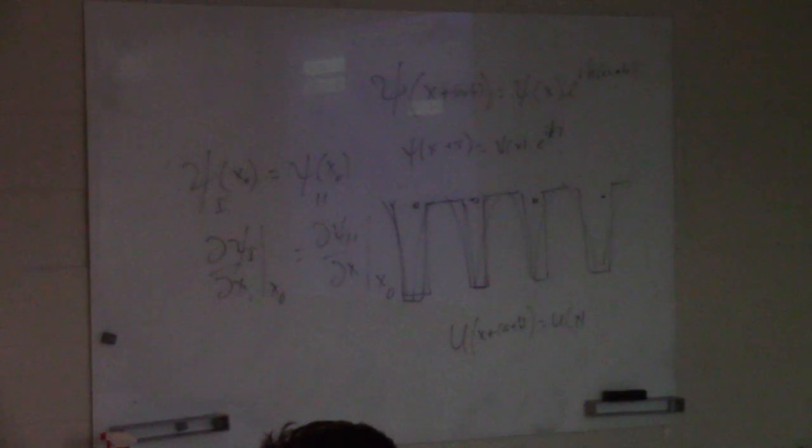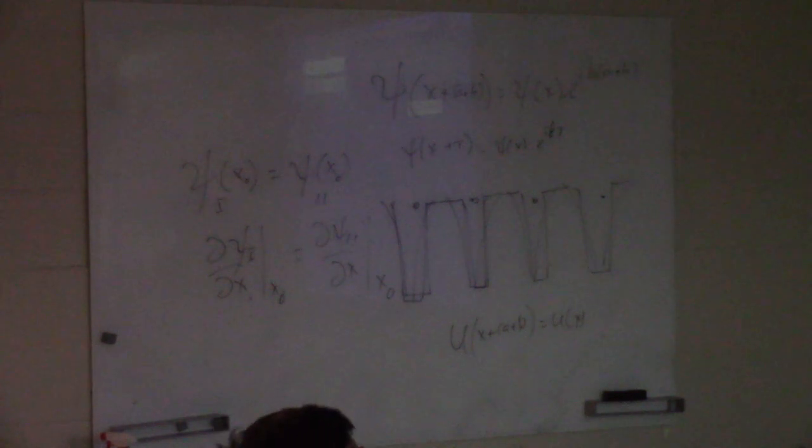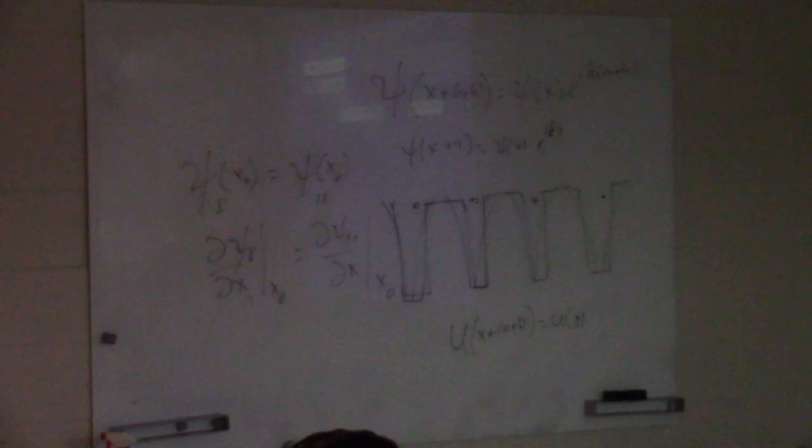Now if you take the derivative, what do you get? Here you get ik times a, right? So here also you get minus ik times b. Now we put x equals 0 for both, then you get this one. Is that clear? Derivative at x equals 0.